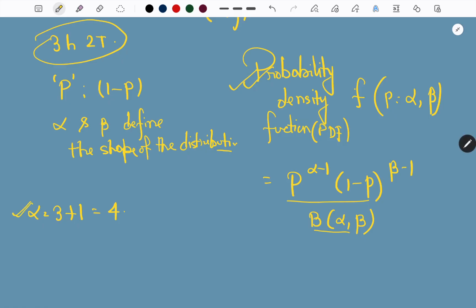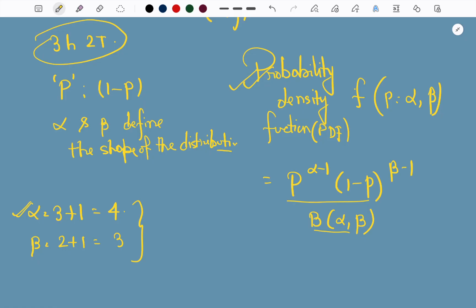So alpha will be 3 plus 1. Again, beta will be 2 plus 1, that is equal to 3. You will ask why we are adding 1. We add 1 to each count because the beta distribution starts counting from 0. So that's why here we'll add 1 to each.